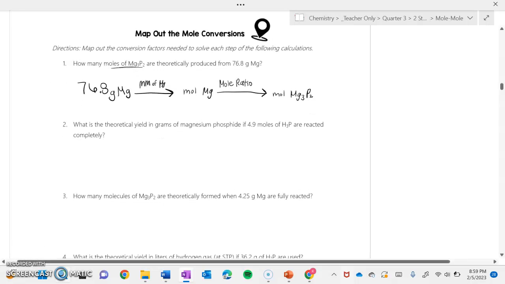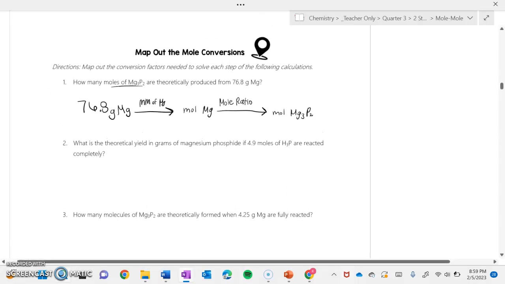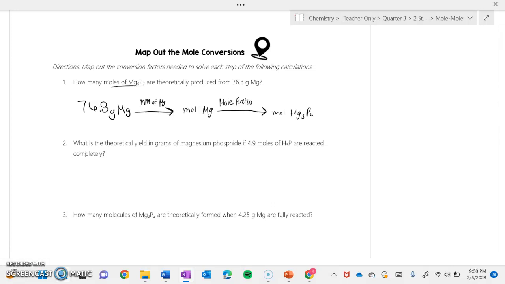The most that you'll have to do are 3 arrows because generally the process is 1, get to moles. So that's what we did here, get to moles. Then use a mole ratio to convert moles to moles of a different compound. And then get to whatever the find is. In this case, it was already moles, so it was only 2 arrows.